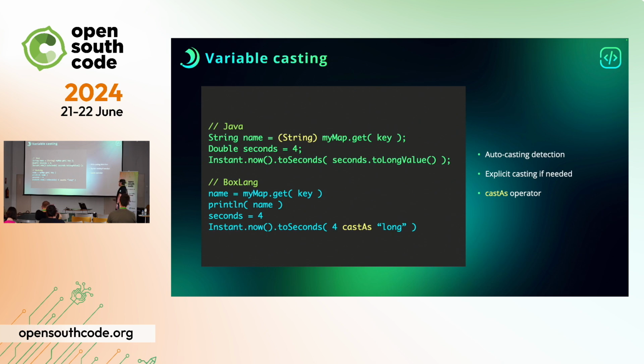Okay? You can also have the cast as operator. So not only do you use the Java approach of providing a prefix to cast, but you can actually have an expression to cast. So you can say, hey, I want to convert this to 4, cast it as long. Okay? So it gives you nice little things just to make you more productive.